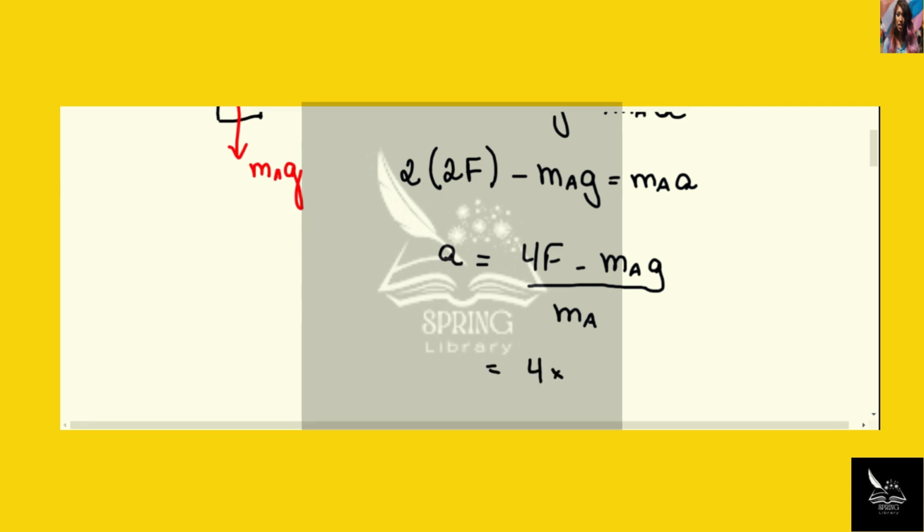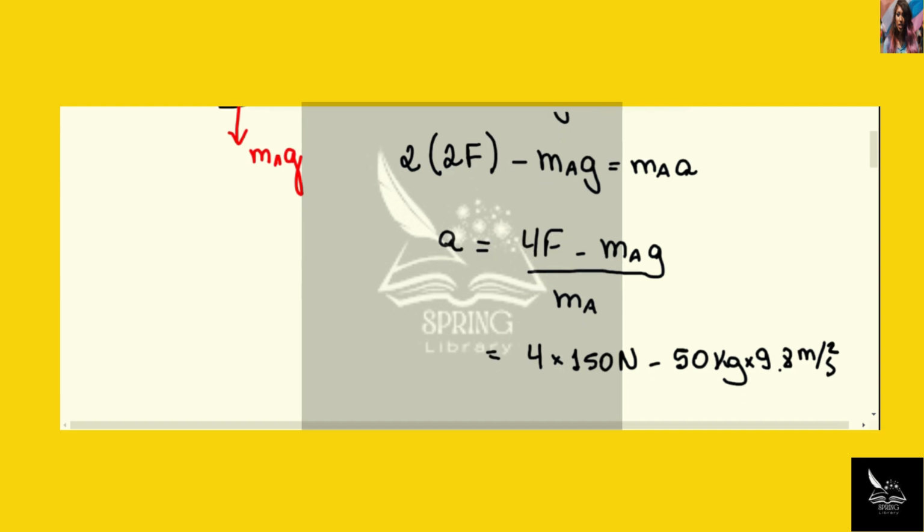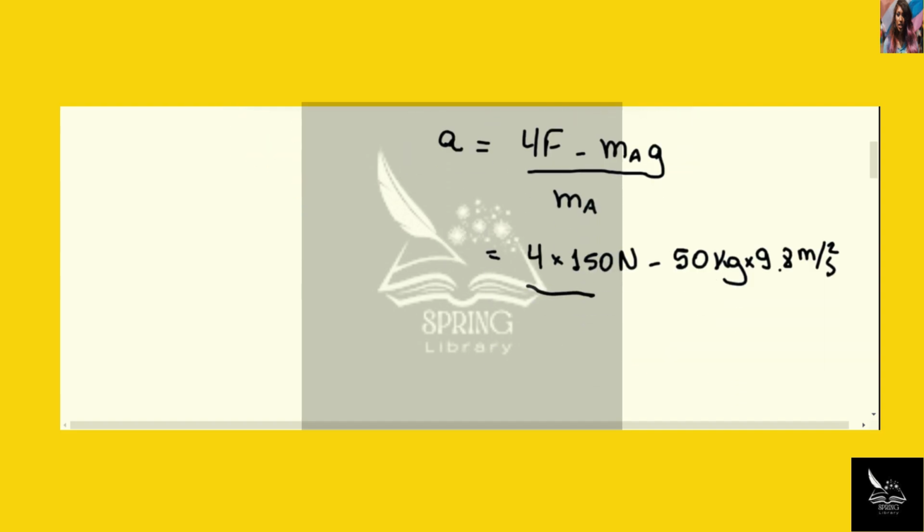Now F, the force, is 150 newtons. The mass of the block is 50 kilograms. G is 9.8 meters per second squared, and we have to divide it by the mass, which is 50 kilograms. So the acceleration is equal to 2.2 meters per second squared.